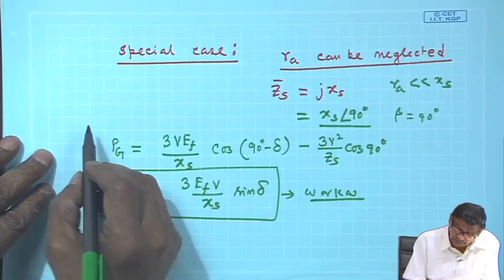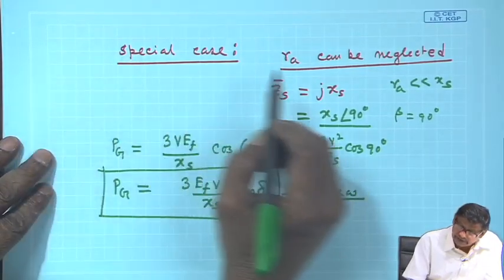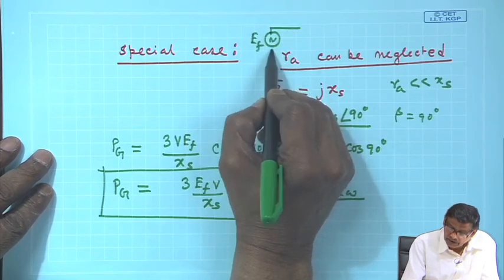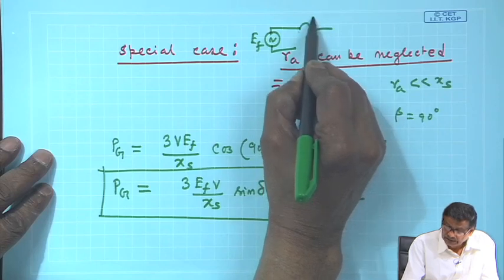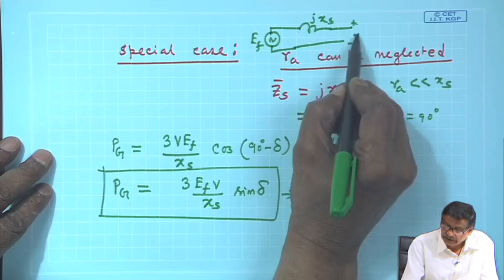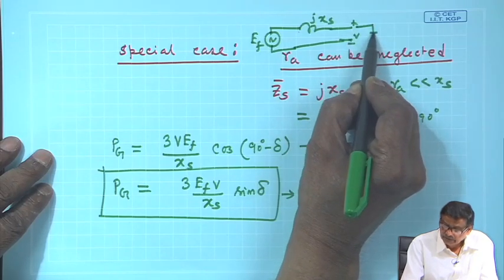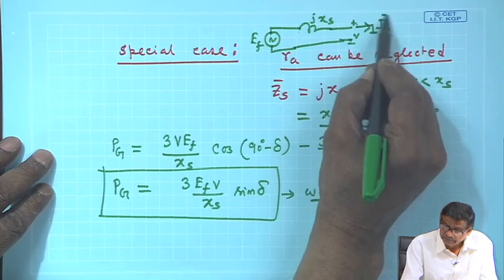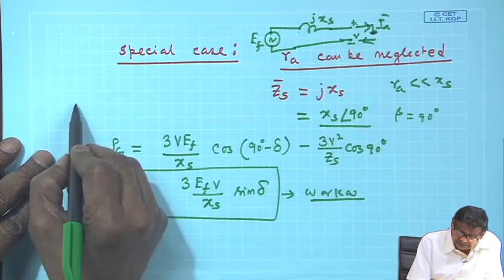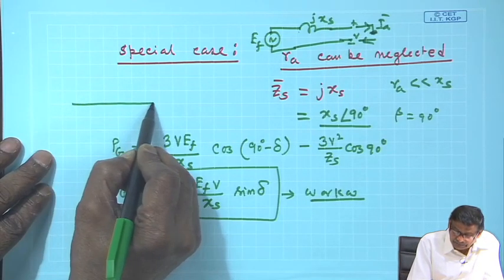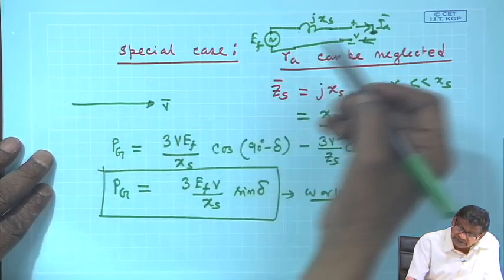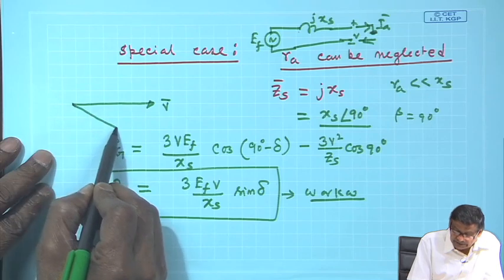It will be very simple, because in this case I have assumed your equivalent circuit to be EF, your ZS no RA. So, JXS synchronous reactance, and here is your V terminal voltage, and here is your load current IA. Are you getting? So, this is the thing V. So, in this case the phasor diagram will look like terminal voltage V, that is V 0 degree, and it is delivering suppose lagging power factor current IA.